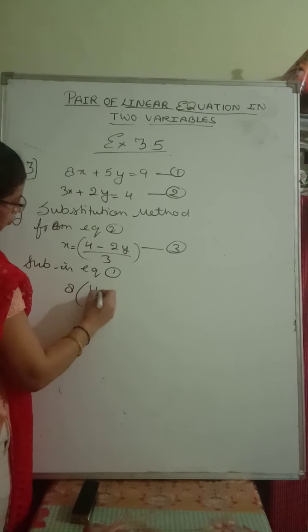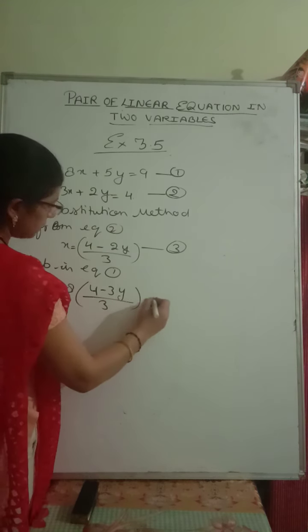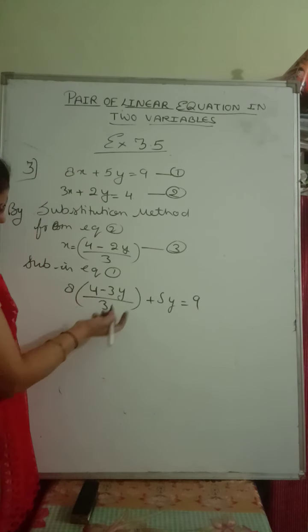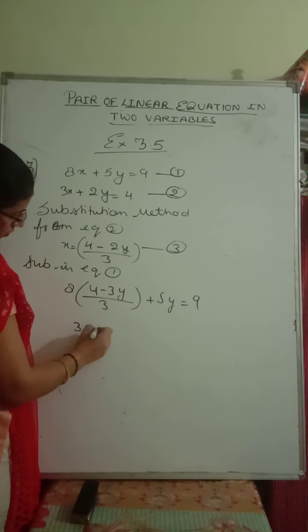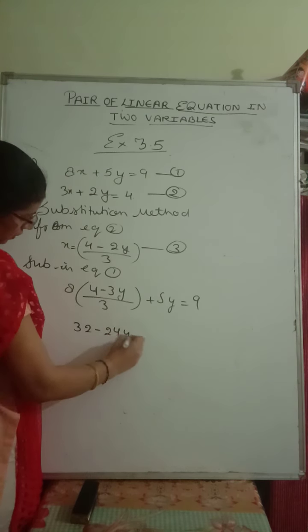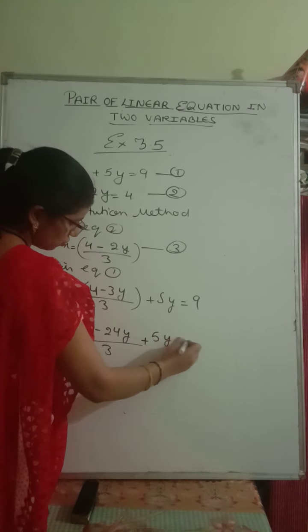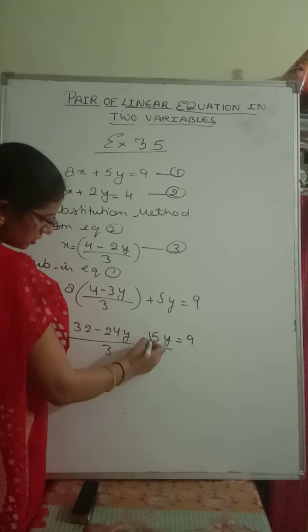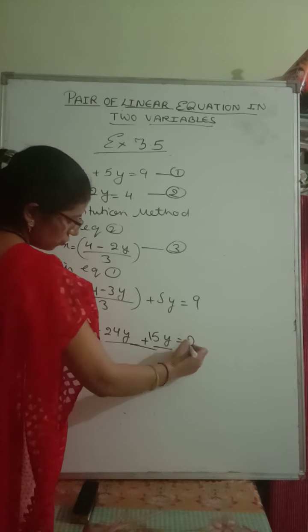8 into (4 minus 2y) divided by 3 plus 5y equals 9. Multiplying inside, we get 32 minus 16y whole divided by 3 plus 5y equals 9. Now take the LCM: 5 times 3 is 15, whole divided by 3. The 3 I am sending to this side, 27.